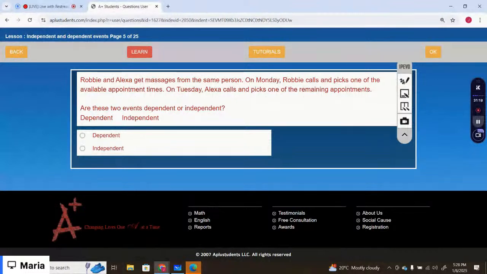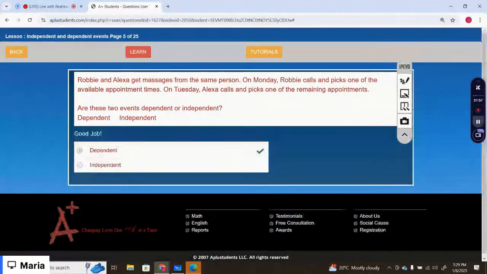Are these two events dependent or independent? That is, they are the dependent events. Option number one is the correct option.